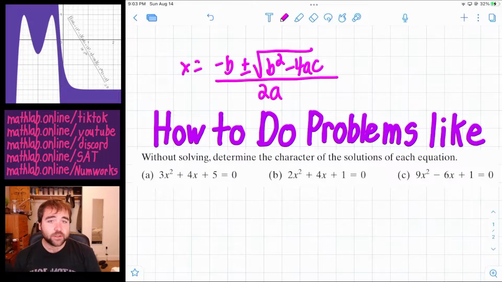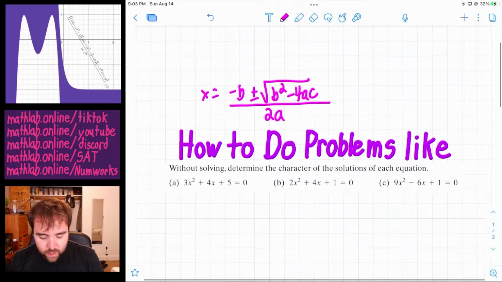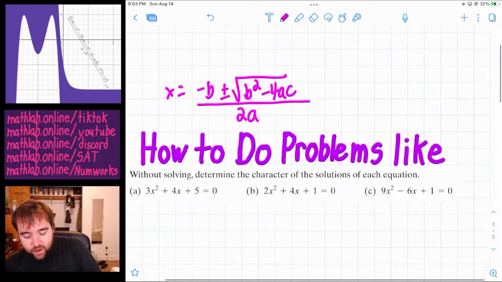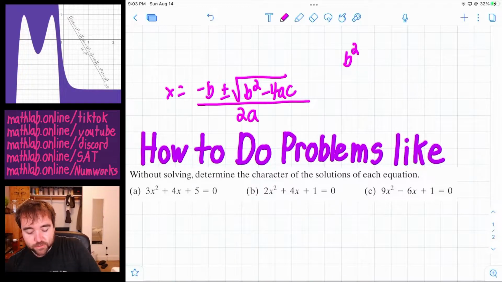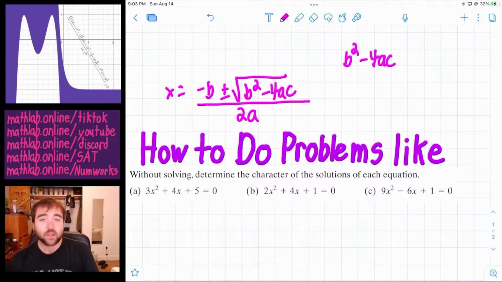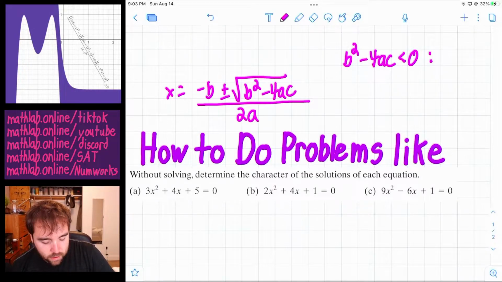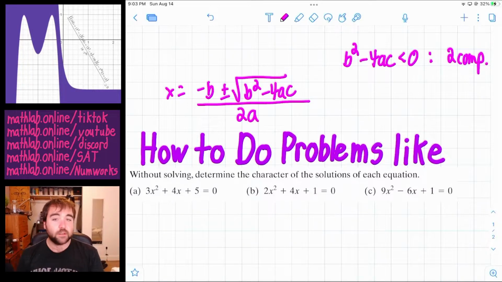Well, what makes imaginary solutions in general? Square roots of negatives. So the rule is that if whatever's inside of this square root, which is precisely b squared minus 4ac, if that's less than 0, then there's two complex solutions because we're going to get the square root of a negative.